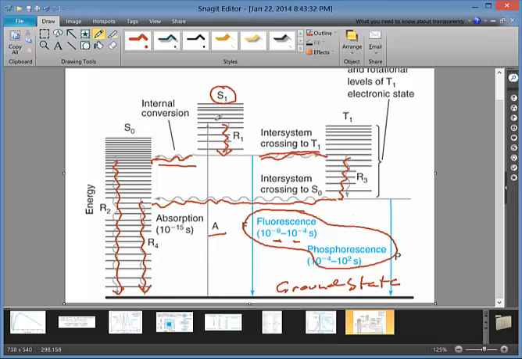It is much easier for the electrons to decay through these radiationless transitions and generate heat than it is to generate light through either one of the luminescence pathways. Okay, so we're going to focus on just these fluorescence pathways here.